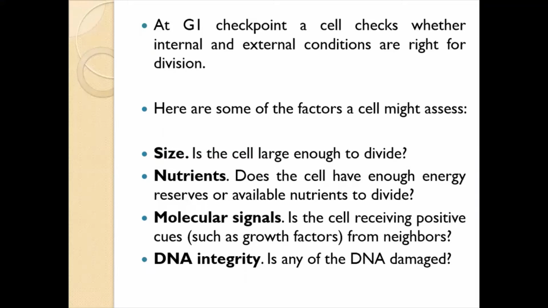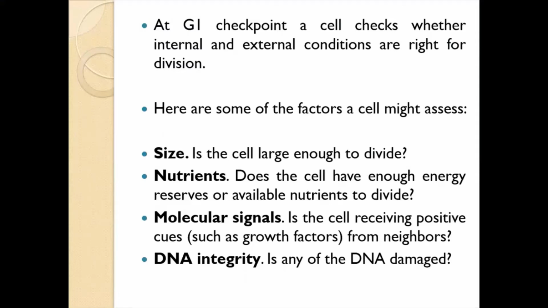So what are the different internal and external conditions? They are like this. Number one, size. Is the cell large enough to divide? If the cell is not large enough or not mature enough to go for a further replication process, the cell will not move through the G1 checkpoint. Nutrients.